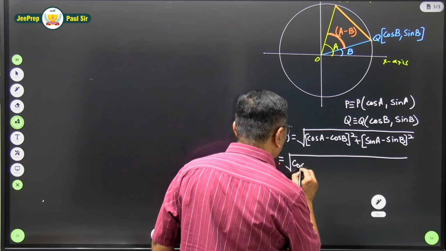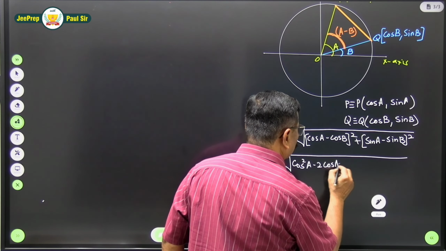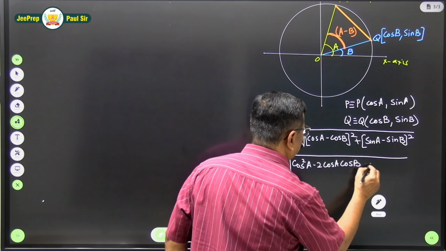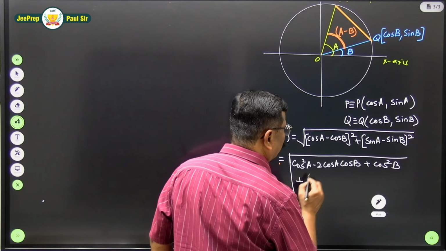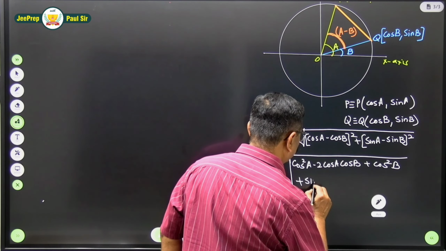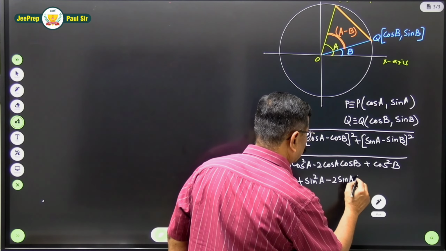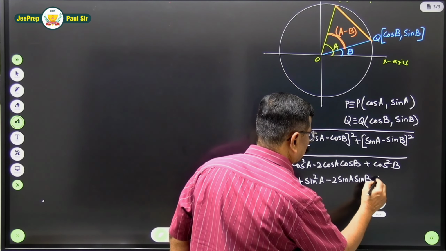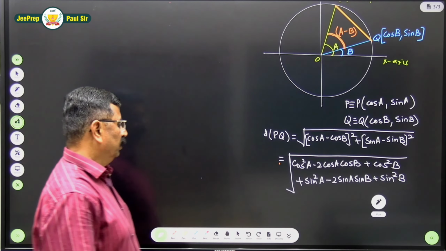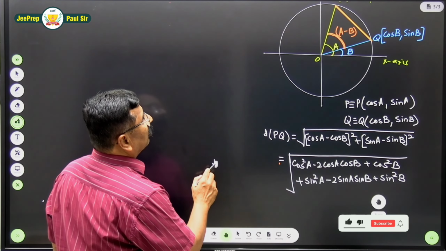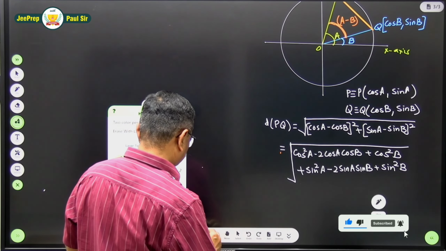Therefore this will be cos square A minus 2 cos A cos B plus cos square B plus sin square A minus 2 sin A sin B plus sin square B. Now you must have realized that we can use the fundamental identities.